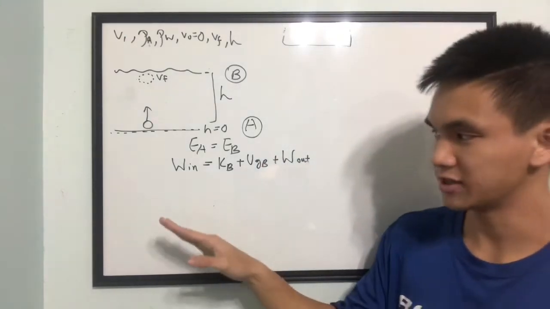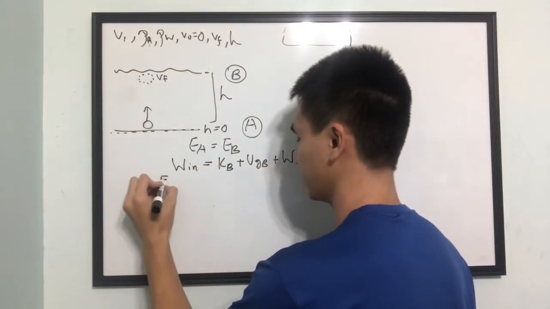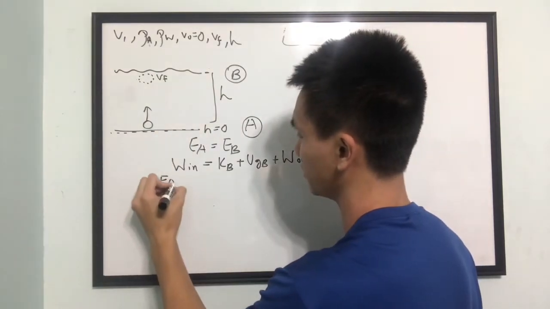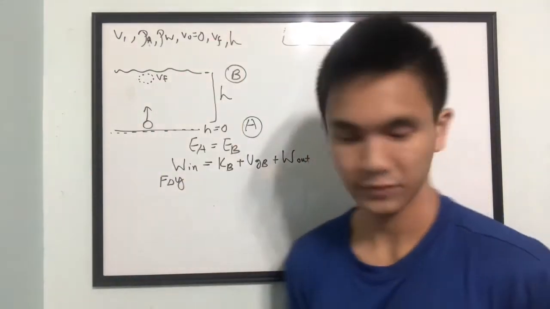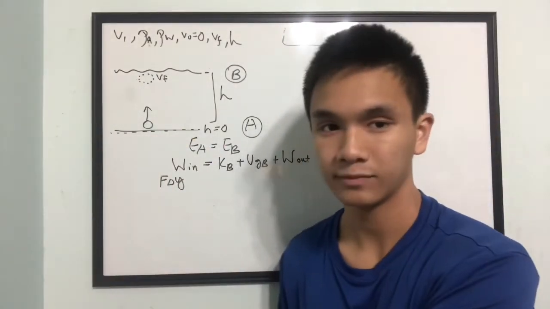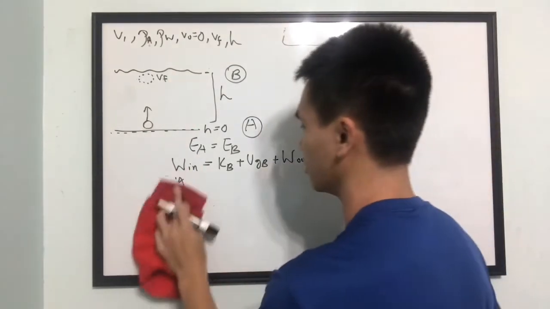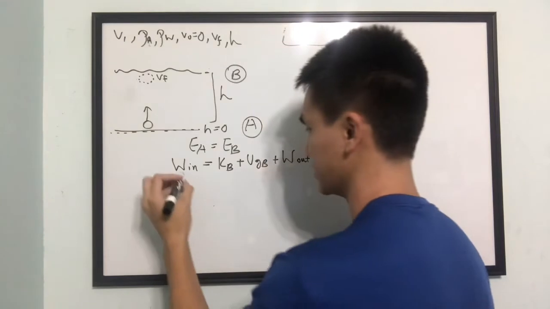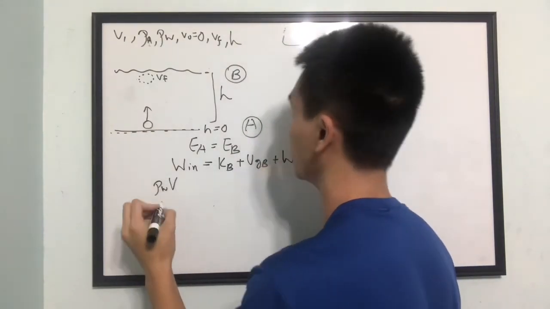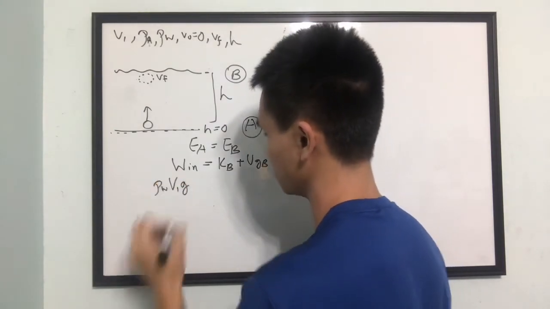Boom, we're set. So work, the formula for that is F times some displacement, let's say delta Y in this case, it's moving up and down, right? So we know that it's in water, so there has to be a buoyant force that made it go all the way up, right? So the formula for buoyant force is the density of the fluid, which is water, times the volume of the bubble, V1, times the acceleration due to gravity, g.